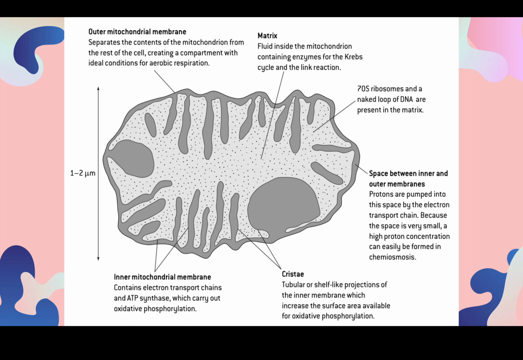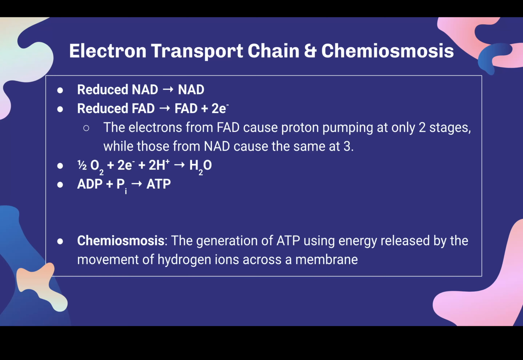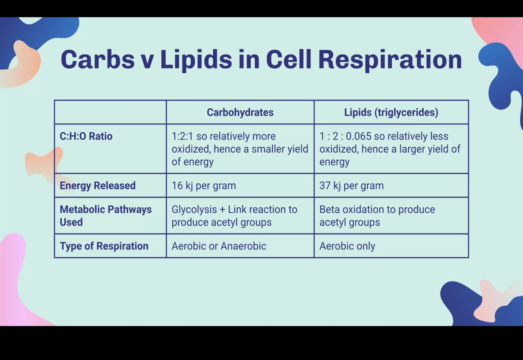And then the matrix is really good in that it has all the enzymes for the Krebs cycle and the link reaction, etc. That's basically it. Okay. So, carbs versus lipids, like I was saying.